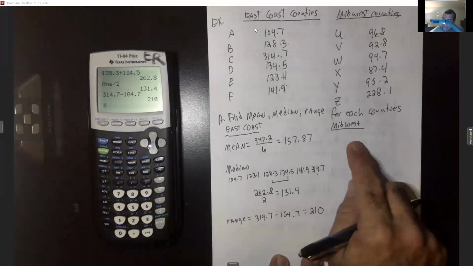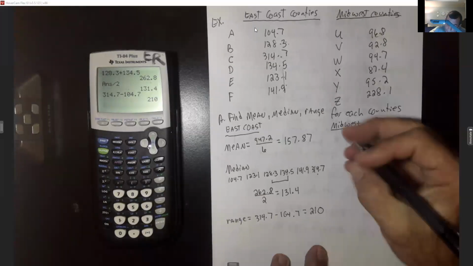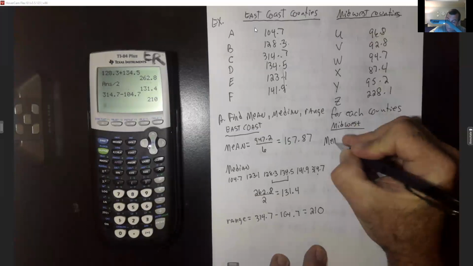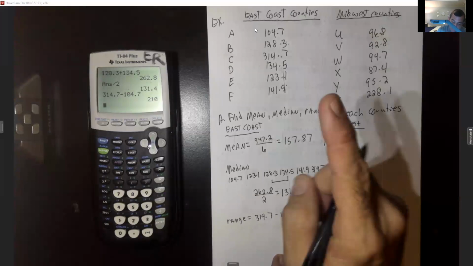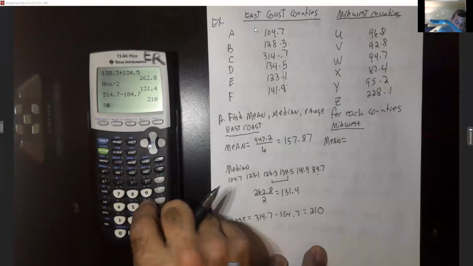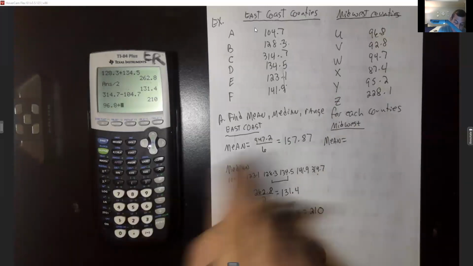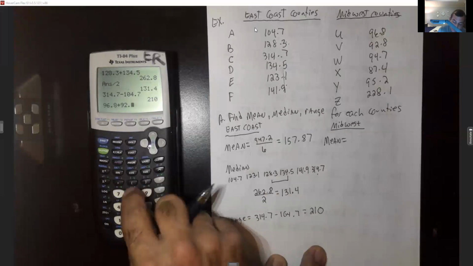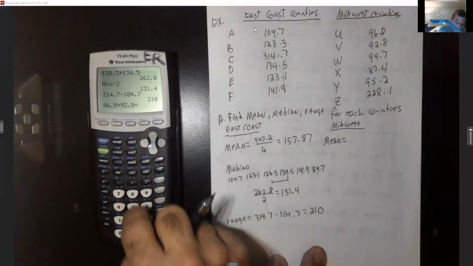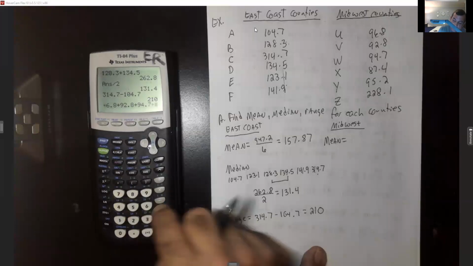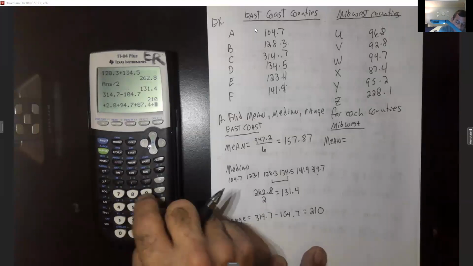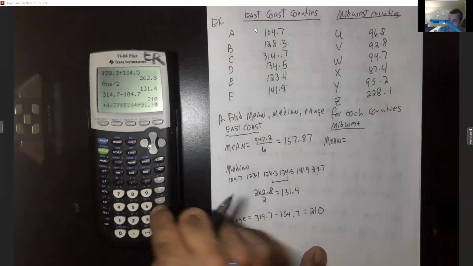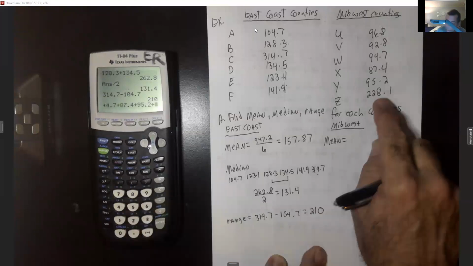So Midwest, to find the mean, we're going to add all these numbers up and divide by 6. So we got 96.8 plus 92.8 plus 94.7 plus 87.4 plus 95.2 plus 228.1.